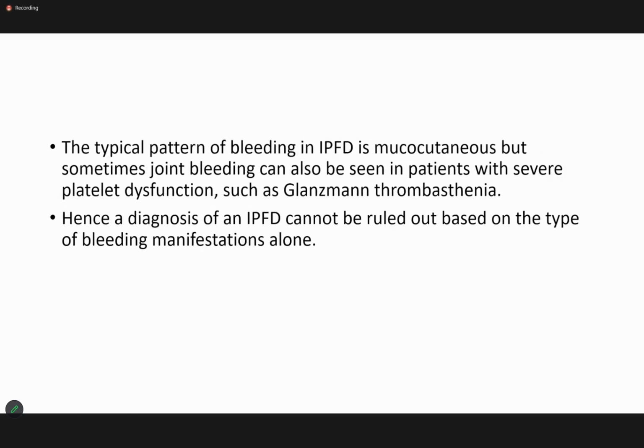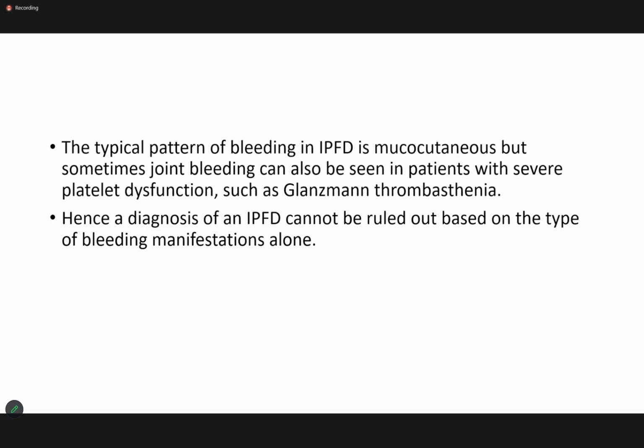So, basically, the typical pattern of bleeding in inherited platelet function disorder is mucocutaneous bleeding. But you need to be aware that a patient with severe platelet dysfunction, for example Glanzmann thrombasthenia, can also come with joint bleeding.